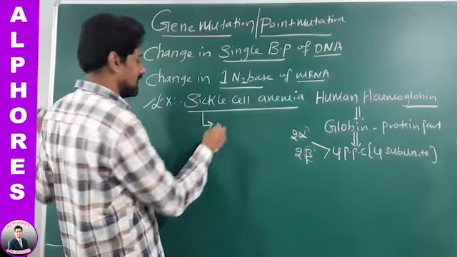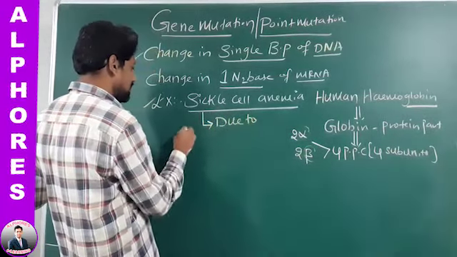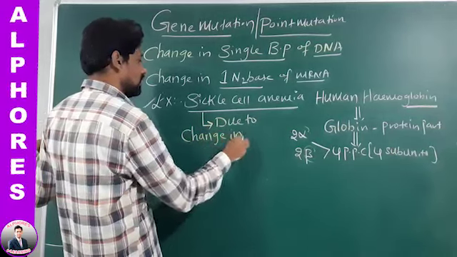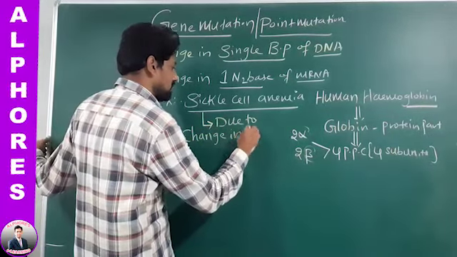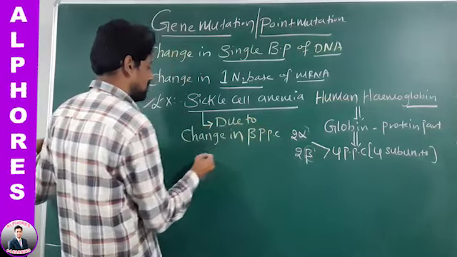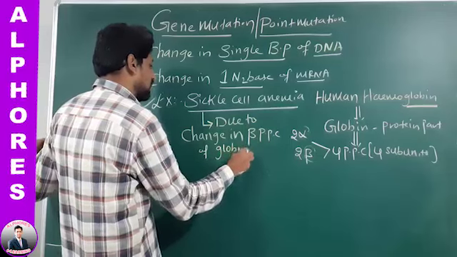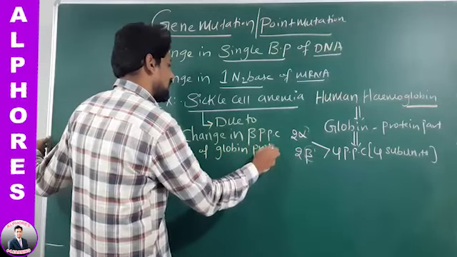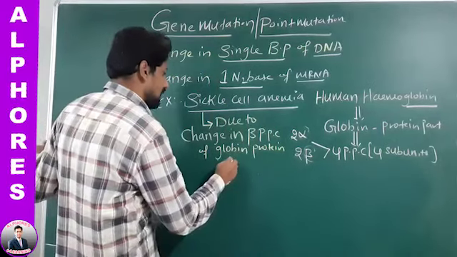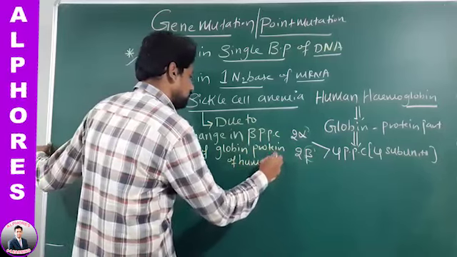It is due to change in which subunit? Beta subunit, that is the beta polypeptide chain of globin protein of human hemoglobin.